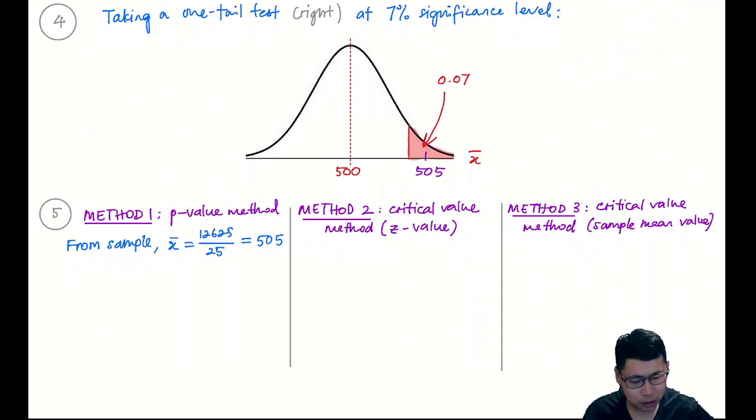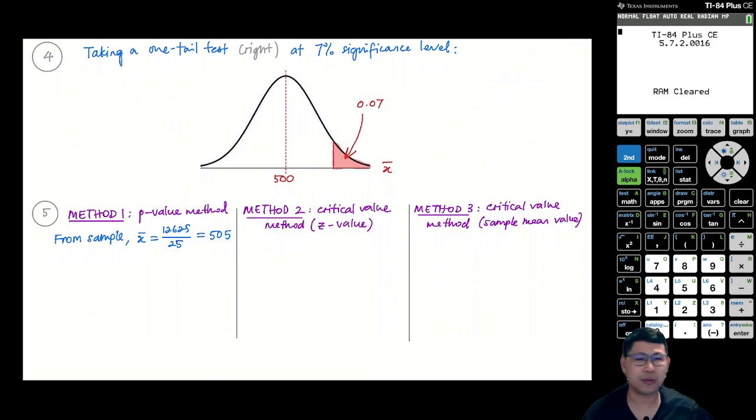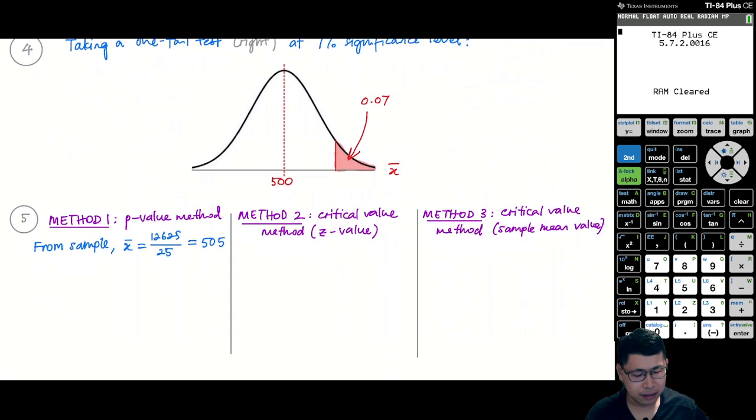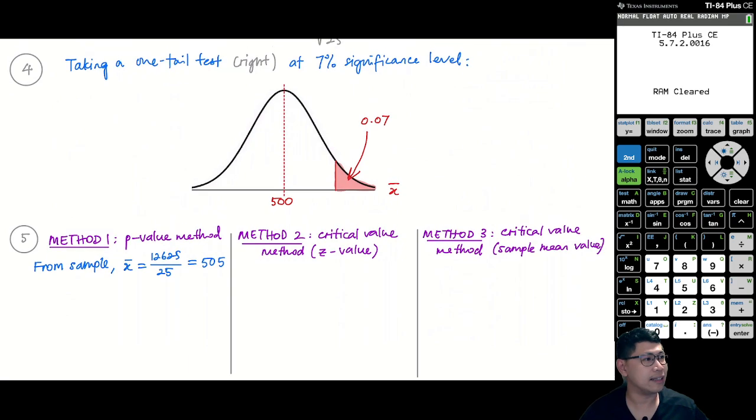Something like that. So we will look at the probability for 505 and see how we interpret this. For this, I'm going to borrow the help of our graphing calculator, and it will look something like this.